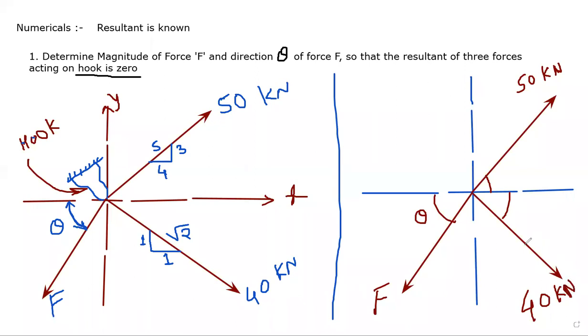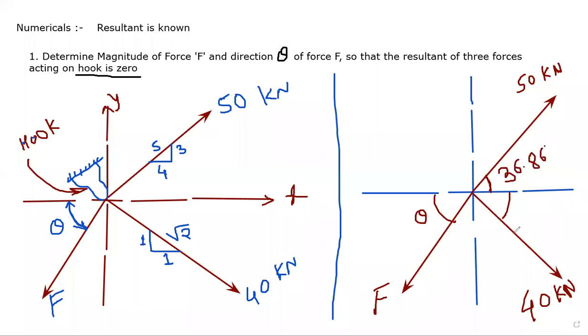Okay, so what is this angle? Can anyone tell me please fast? Angle of 50 kilonewton, tan inverse of 3 by 4. How much is it? 36.86.